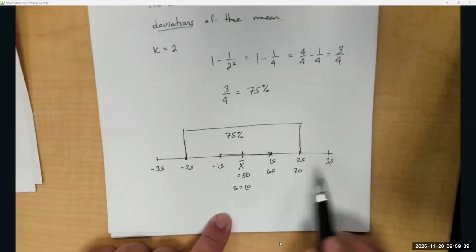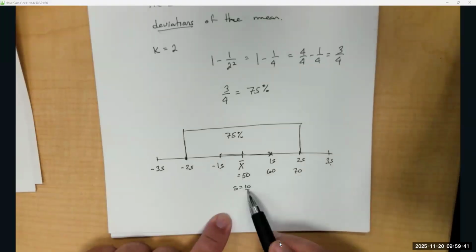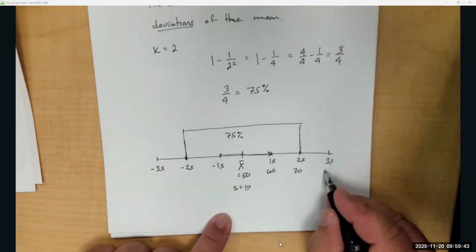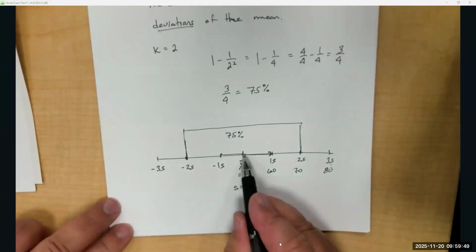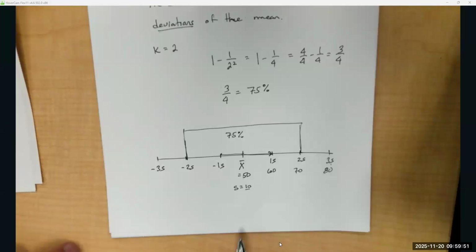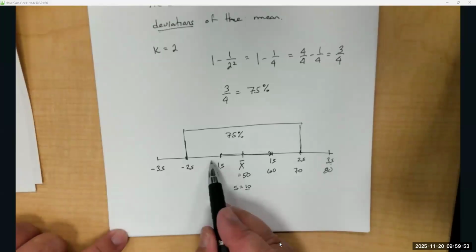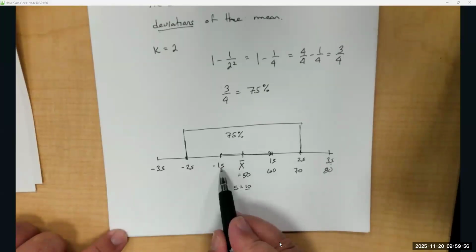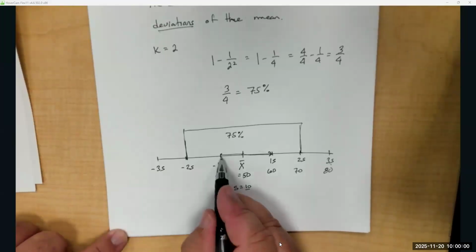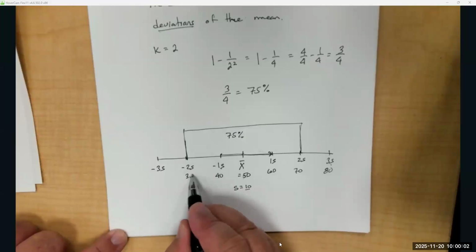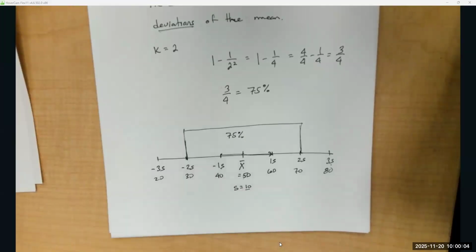This is 3 standard deviations, so 3 times 10 is 30, and 30 plus 50 is 80. Each one of these steps is 1 standard deviation, which is 10. Now I'm walking backwards. I go from 50 back 10, which makes it 40. Another 10 makes it 30, and then another one makes it 20. So that's how you find these values.